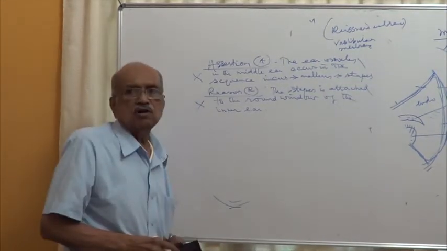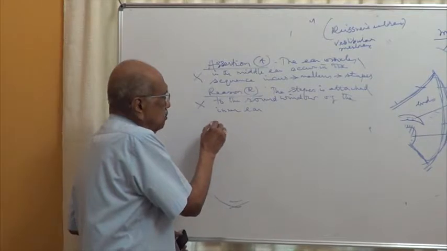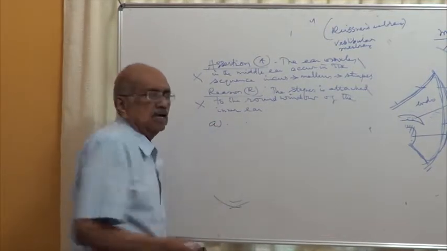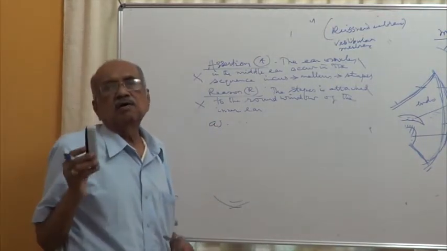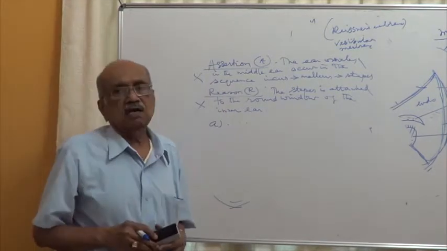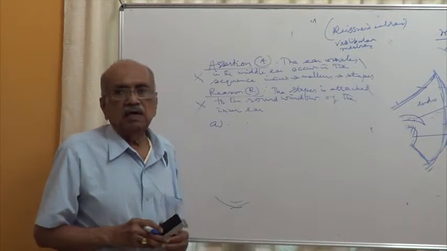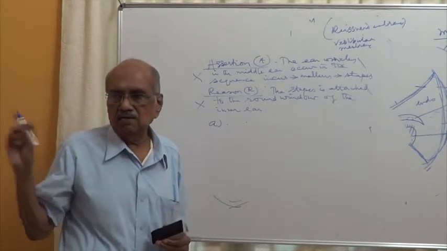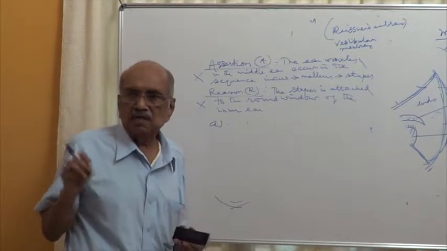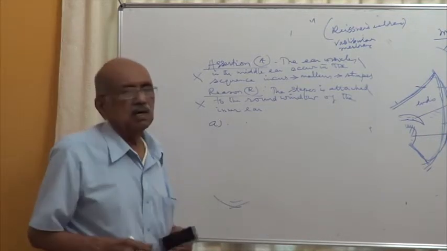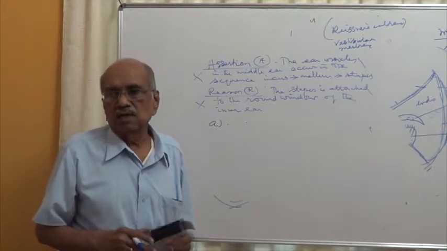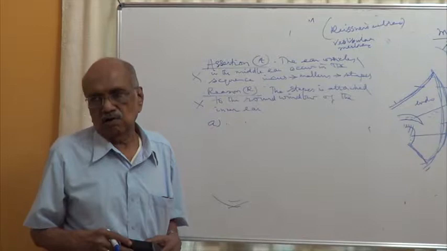So this is also wrong. So the options: both A and R are correct, and R is the correct explanation for A. Number 2, A is wrong and R is correct. Number 3, A is correct and R is wrong. Last one, both A and R are wrong.